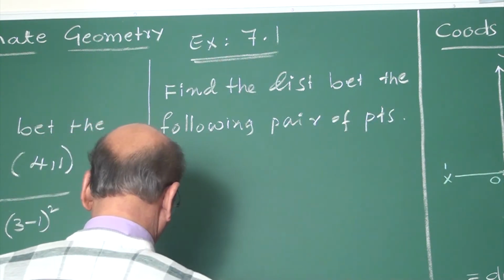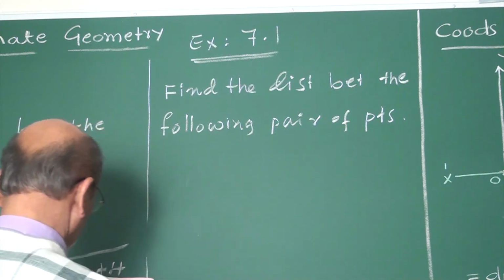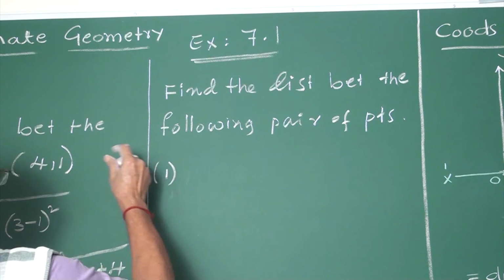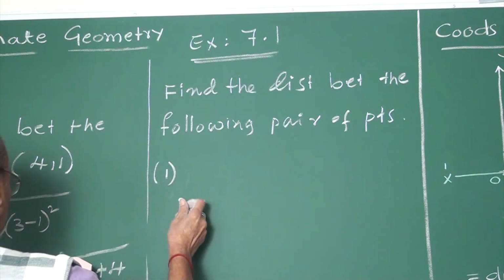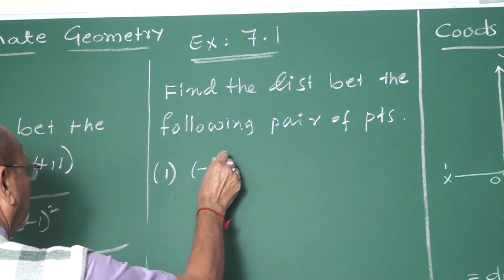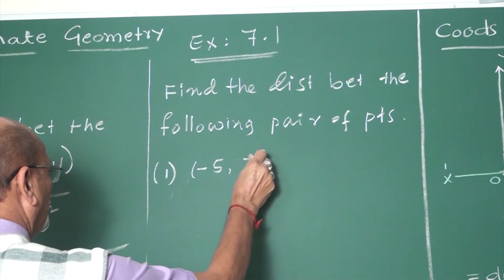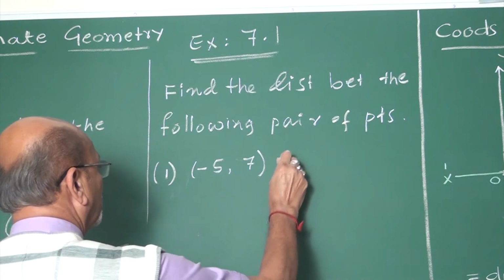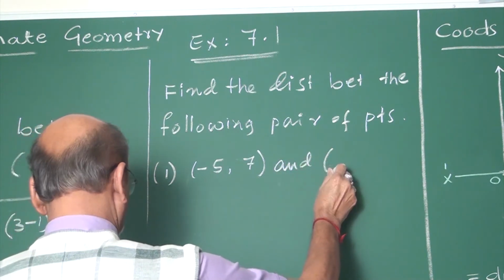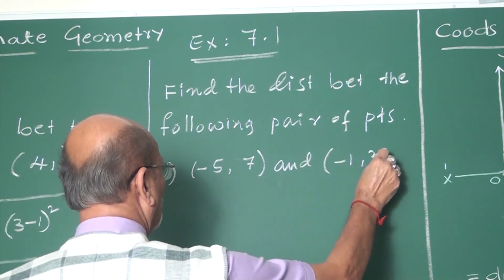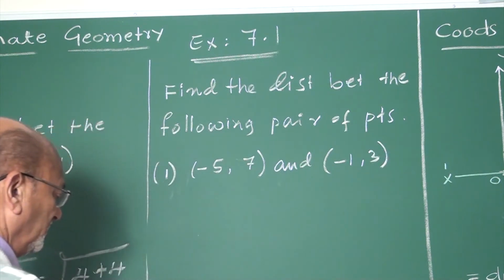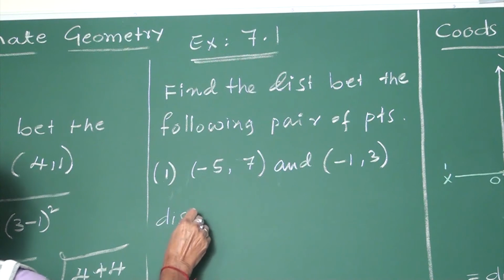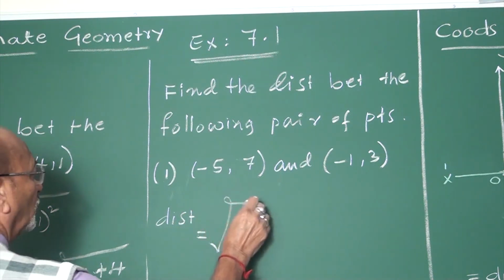The first example I have already done. This is the second example: the points are (-5, 7) and (-1, 3). The required distance equals the square root.